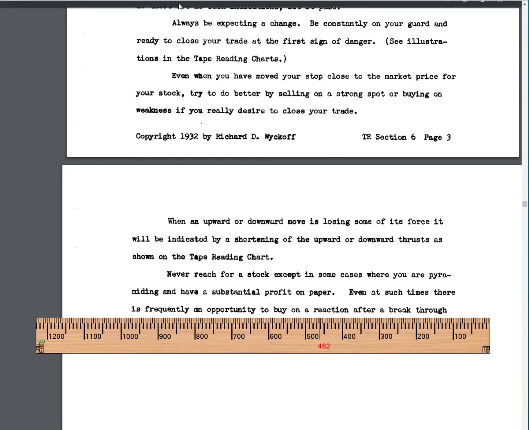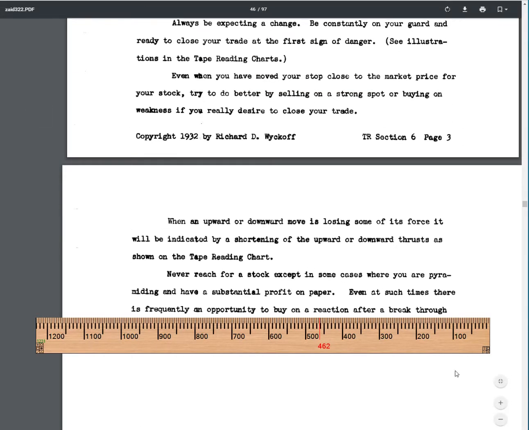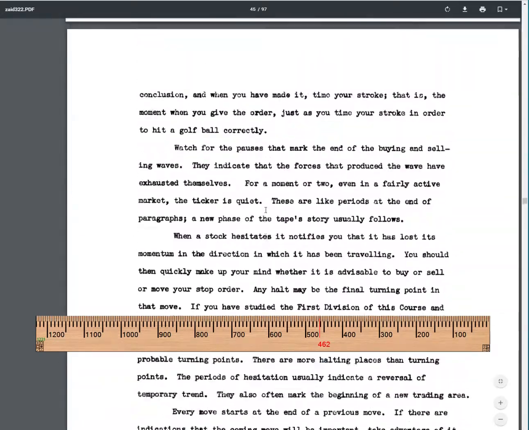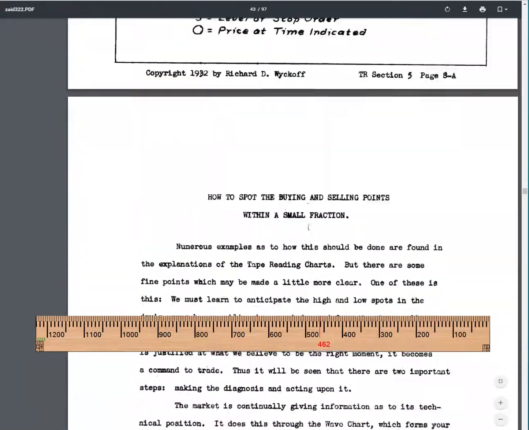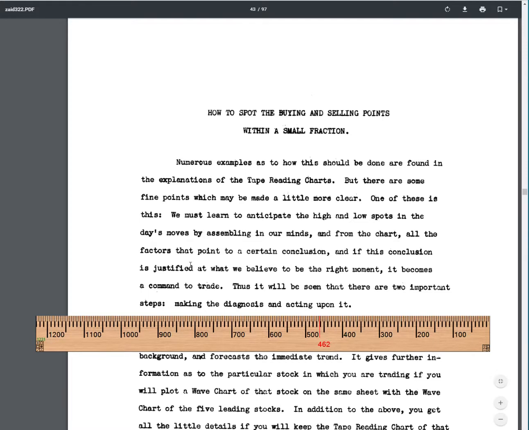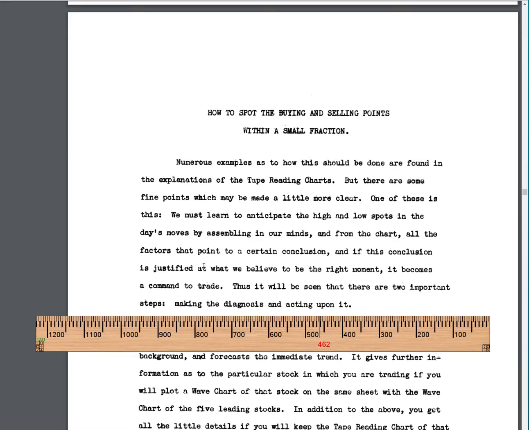And that's about it. So that covers this chapter. This chapter is titled How to Buy and Sell Within a Fraction of a Point, and it requires an understanding of hesitation, because hesitation gives you information about momentum.